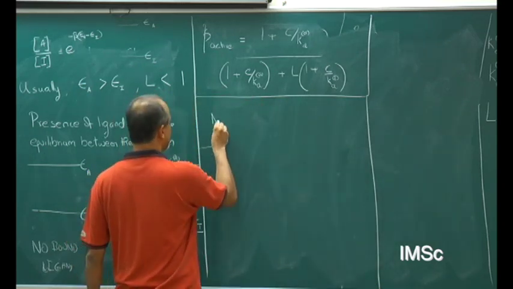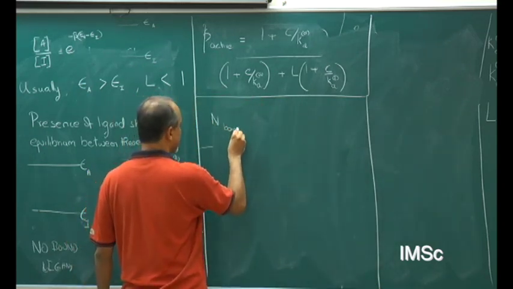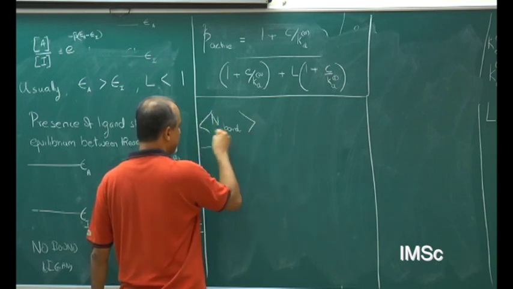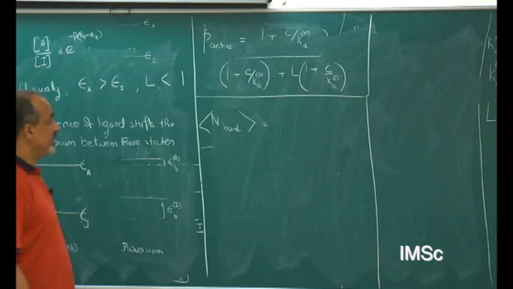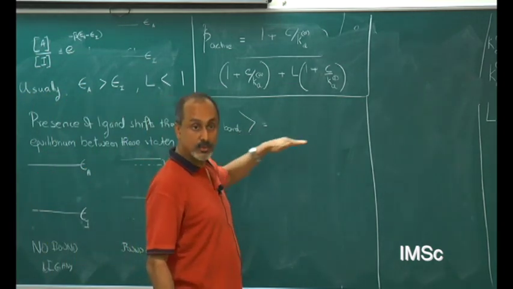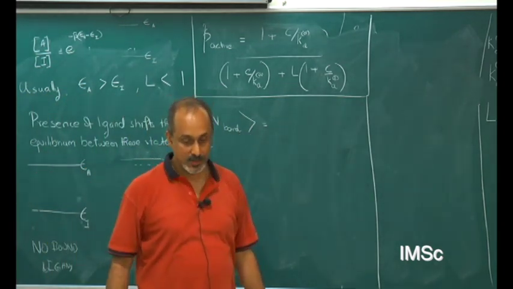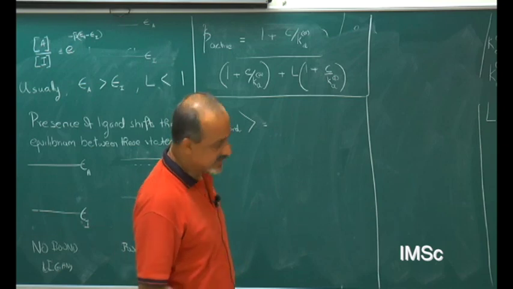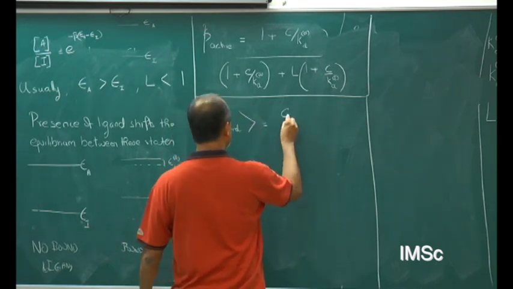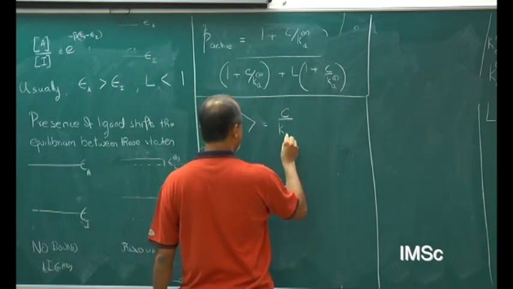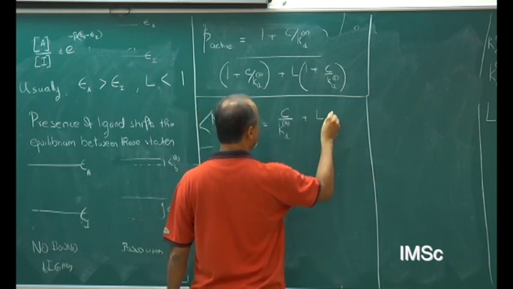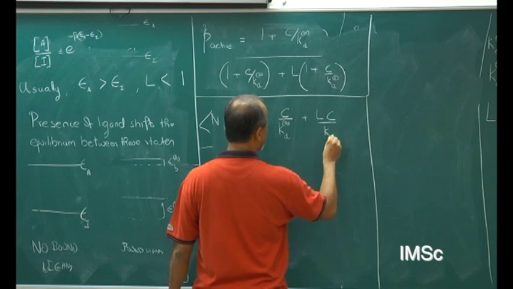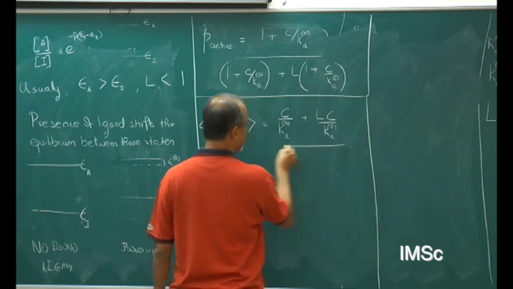And I can also count the fraction that are bound, the average value that are bound, by just picking out from these 4 states that I wrote down, those that include the bound ligand and normalizing by the right factor. So if I do that, what I will get is C divided by Kd active plus L times C divided by Kd inactive.